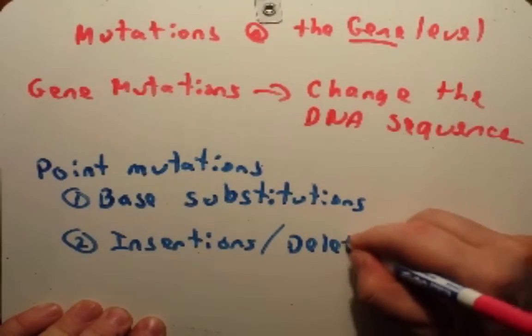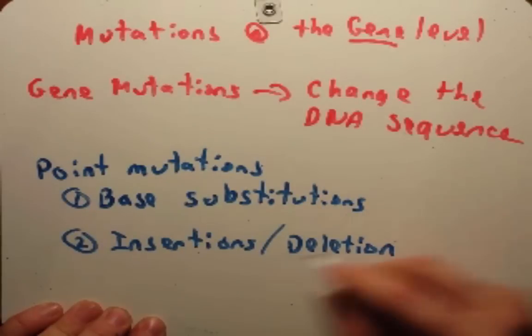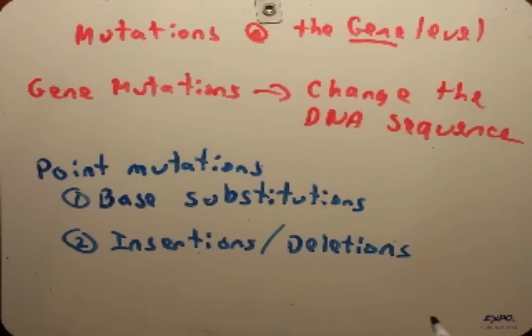Now this is different than the chromosomal deletions or duplications that we talked about before, because with the chromosome we're talking about large segments of it. Here we're talking about single nucleotides being inserted or removed, or sometimes we might talk about 2 or 3 being added or removed, but we're talking at a much smaller scale here.